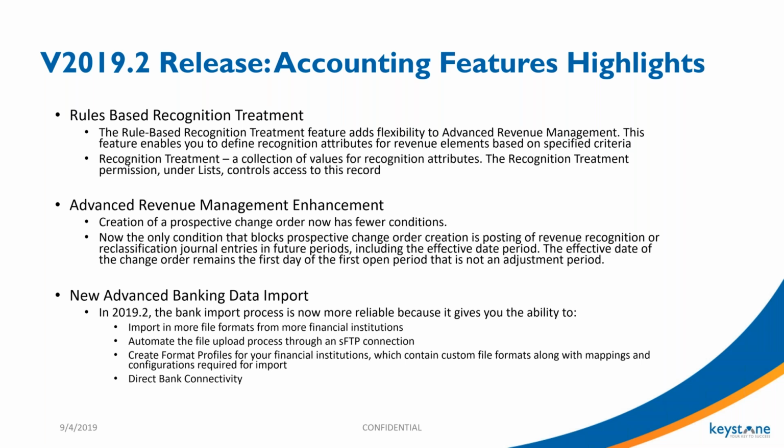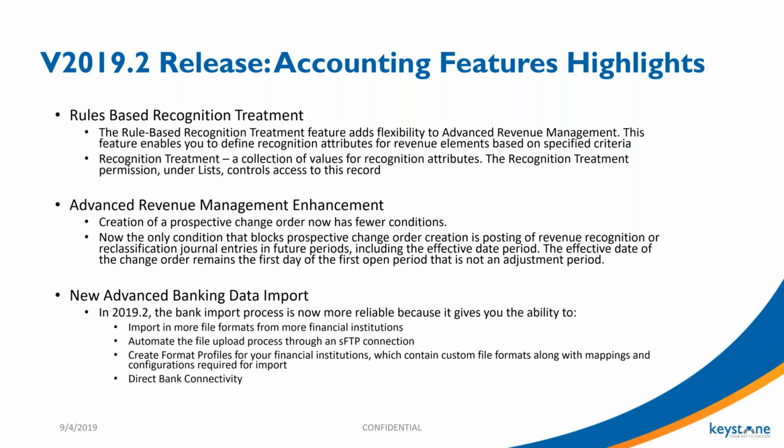All right, going to start out with, as they always do, just adding to the advanced revenue management features. This time they're adding some rules-based recognition treatment. It's a feature that you can enable. It doesn't have to be used. It's not there automatically. You do have to go into set up accounting and enable it.